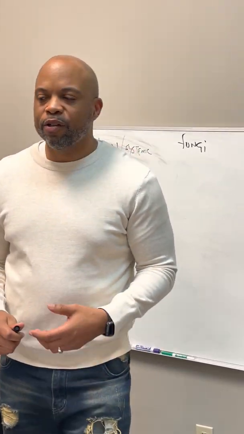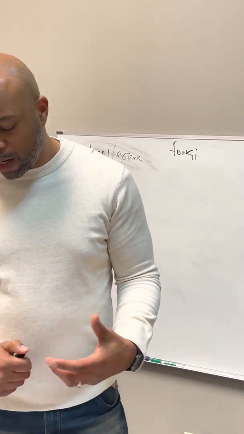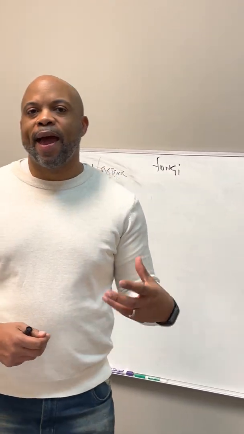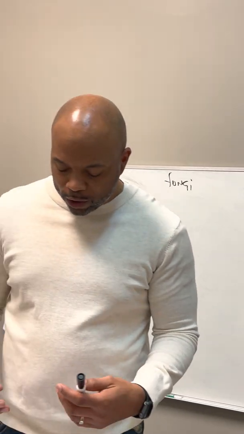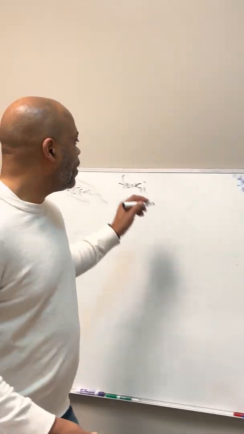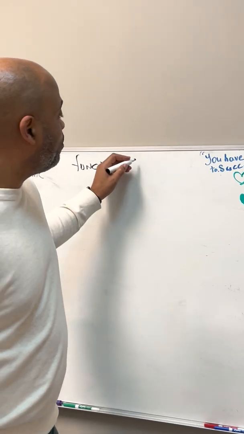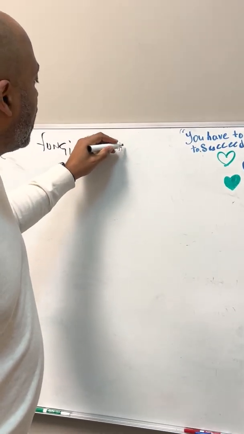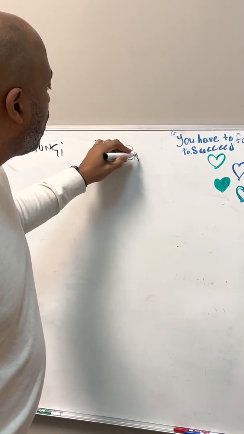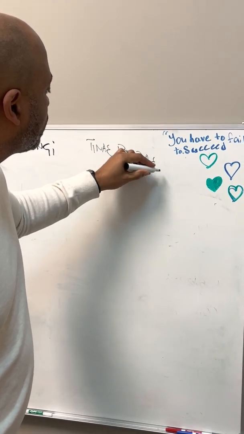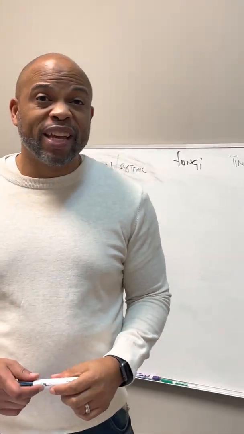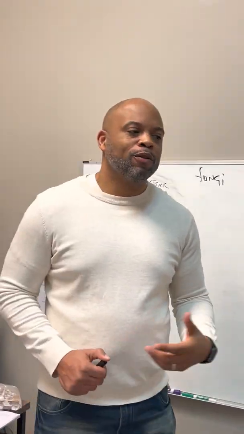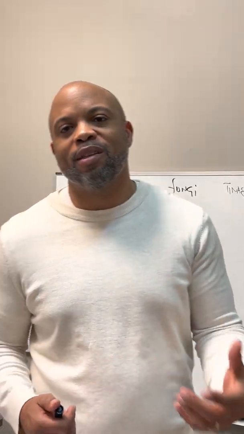Now, what I'd like for you to do is Google a couple of things, and I want you to see how it parallels with what we do in the shop. So I want you to Google Tenea barbae, and that is at the bottom of page 70. Tenea barbae is otherwise known as barber's itch, and as you pull it up, you'll be able to see the picture of it.